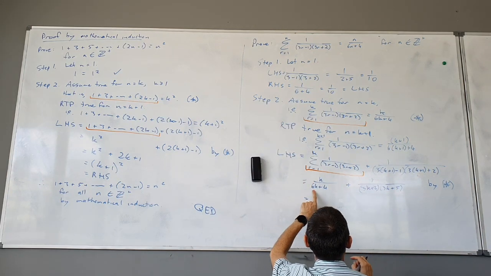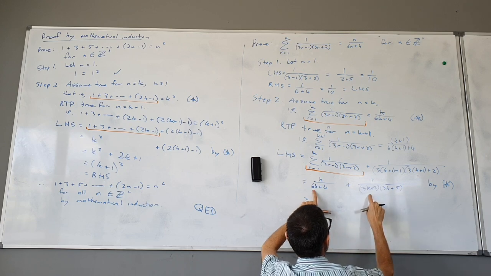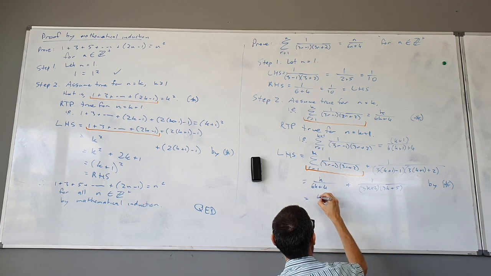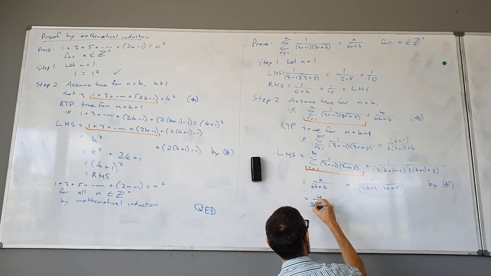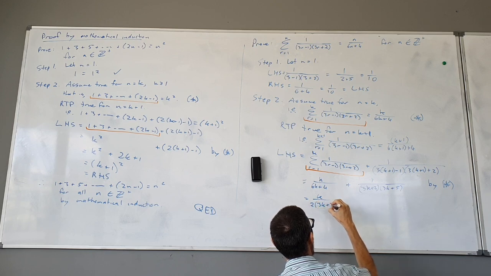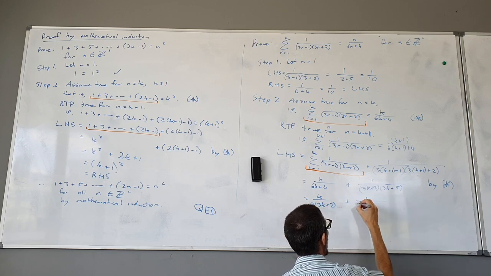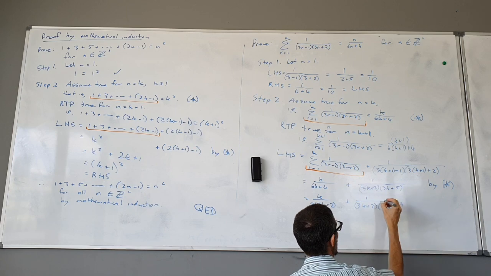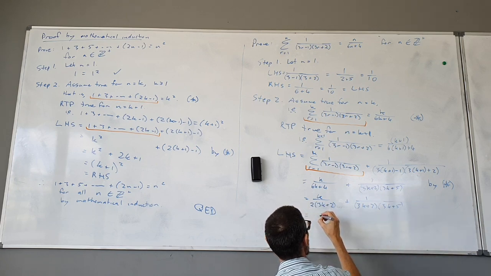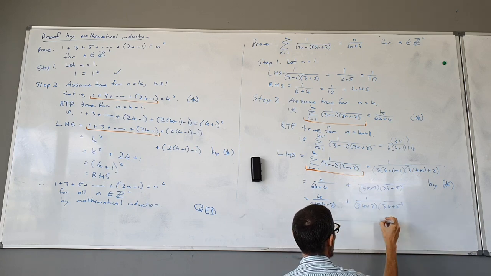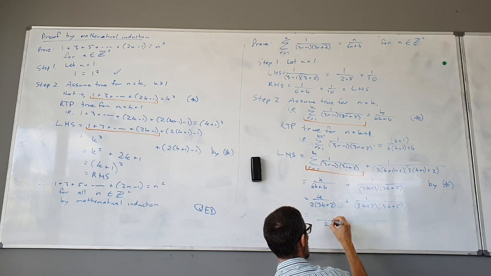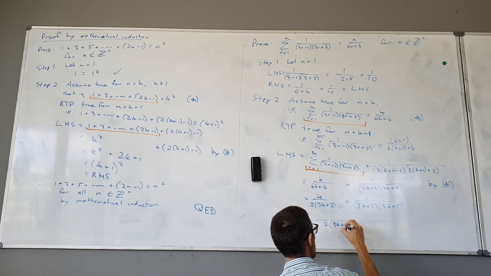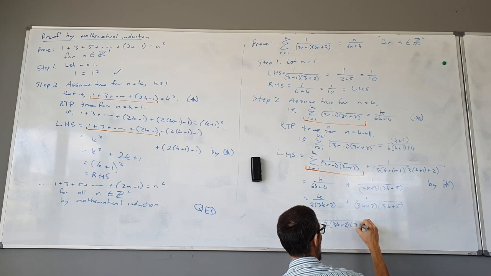Okay, this is 2 lots of 3k plus 2, right? Maybe I'll write that because the Year 10s are watching. Now I need to get a common denominator. And the common denominator is going to be 2 times 3k plus 2 times 3k plus 5.